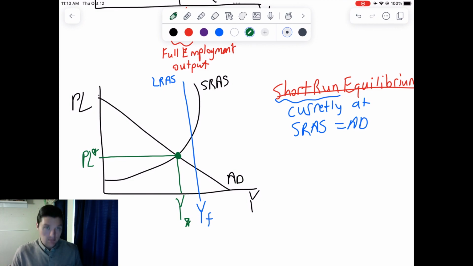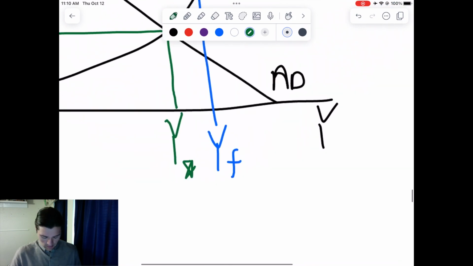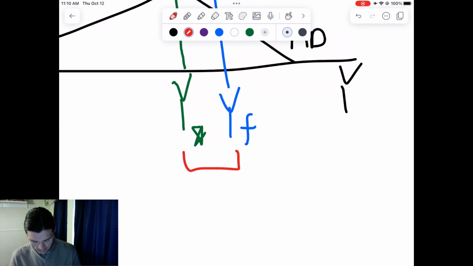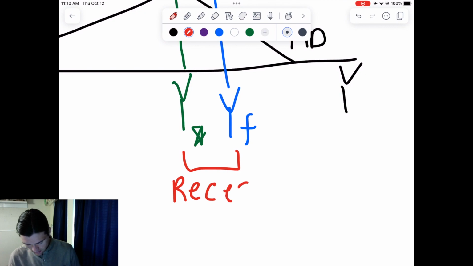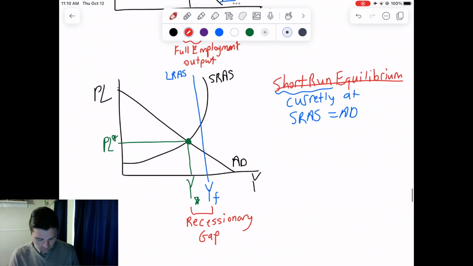So you are below your potential. When this is happening, we call this a recessionary gap. This distance right here between your potential and where you are is the recessionary gap, because you are below your potential.